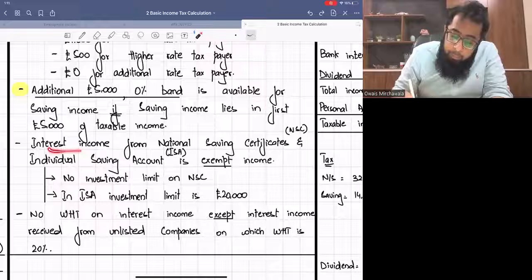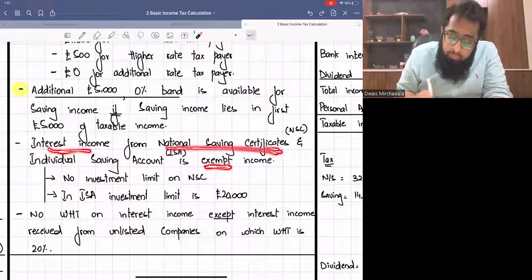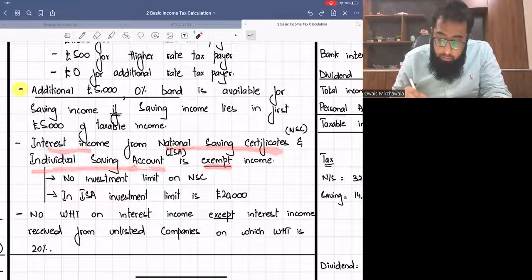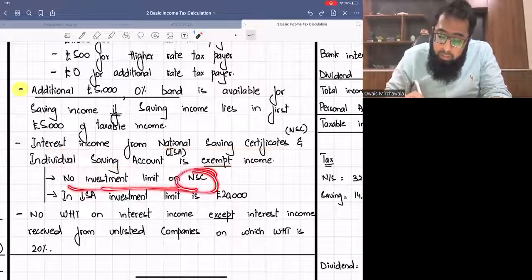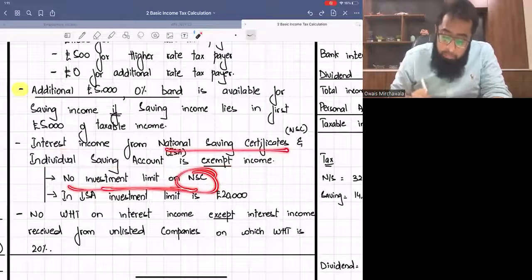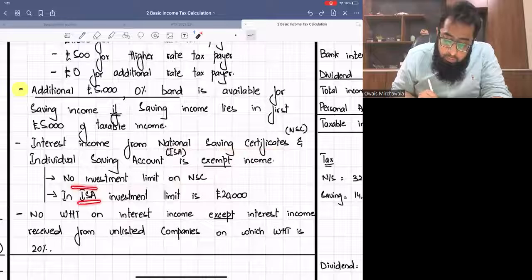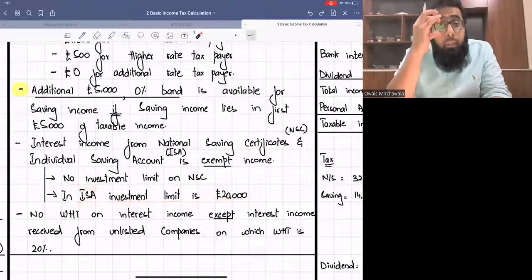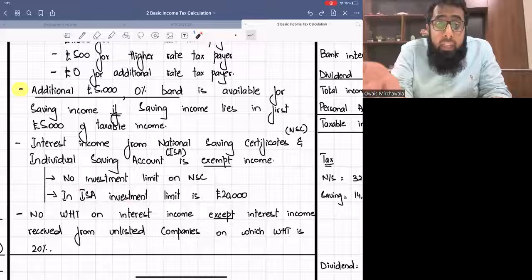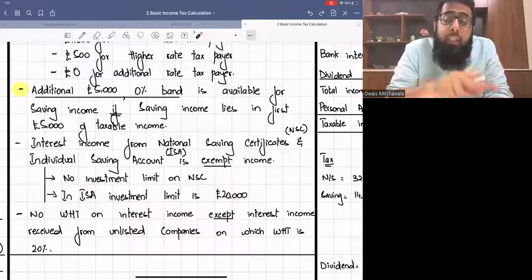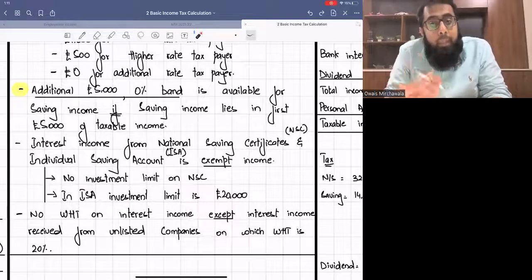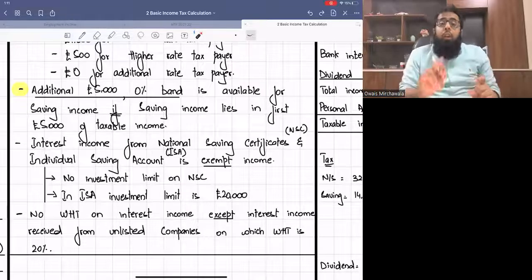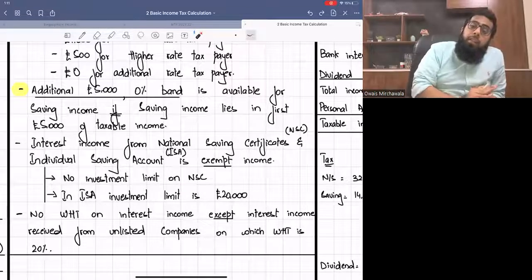The interest income will be exempted if you are getting it from these. There is no investment limit on national saving certificates, but in an individual saving account, you can only invest up to 20,000. If you invest a greater amount, the interest income on the greater amount will be taxable. Interest income on a 20,000 deposit is exempted.